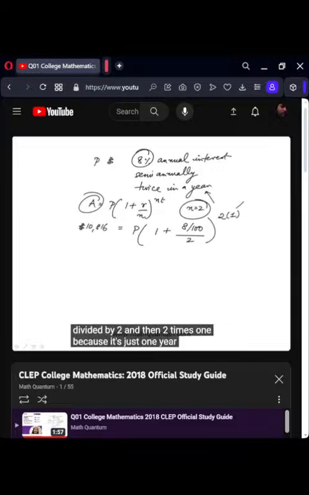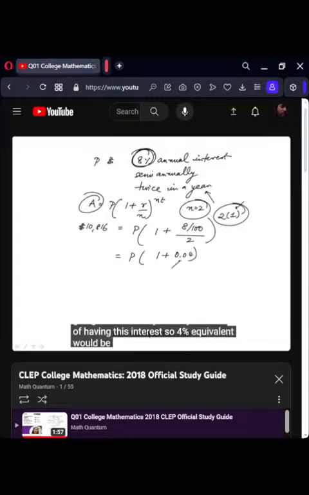Because it's just 1 year, so there's 2 compoundings here, so that would be 1 plus 4 over 100, so it's going to be 0.04.